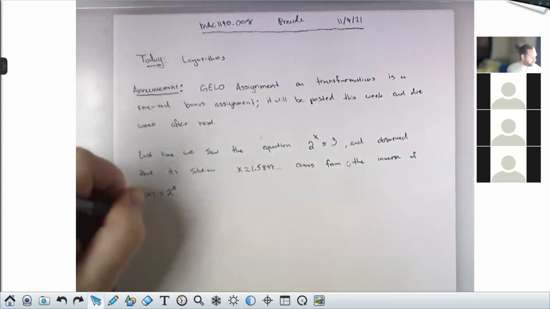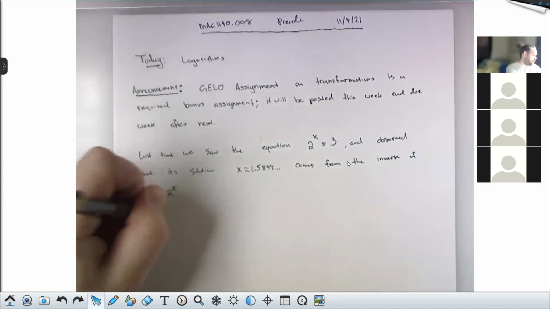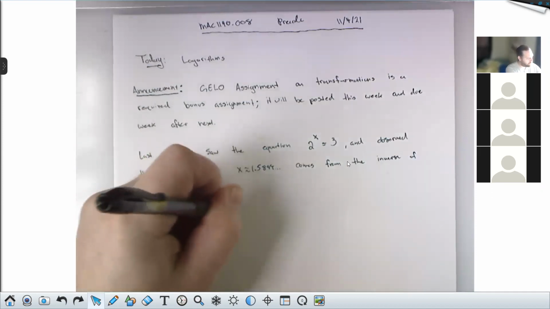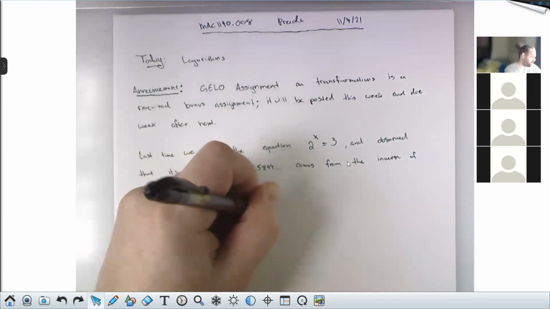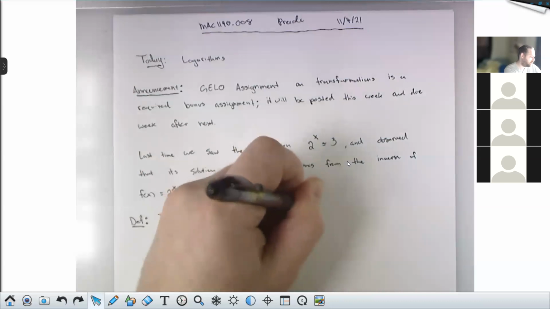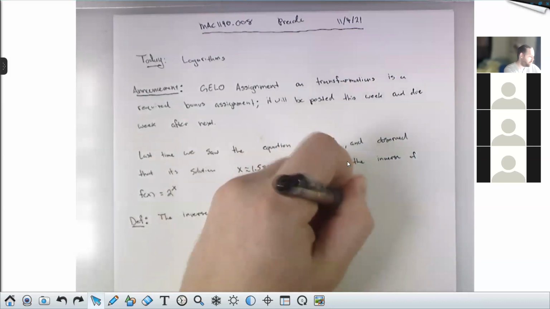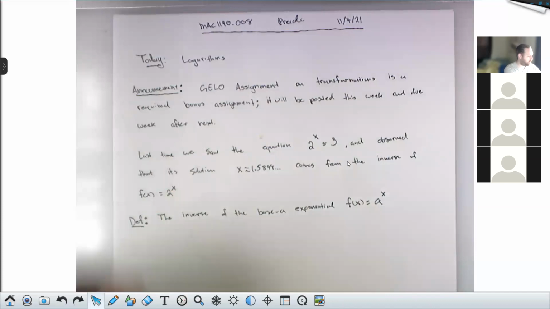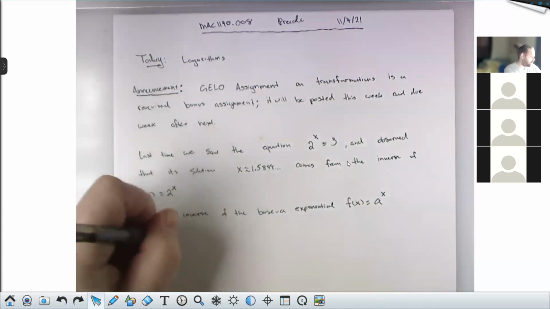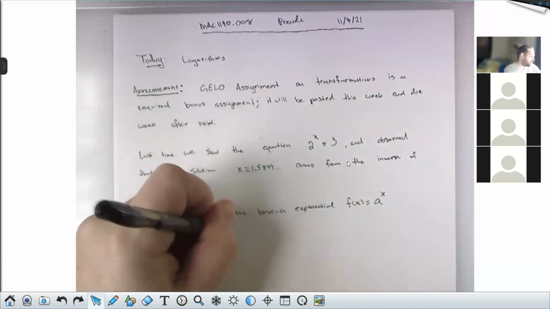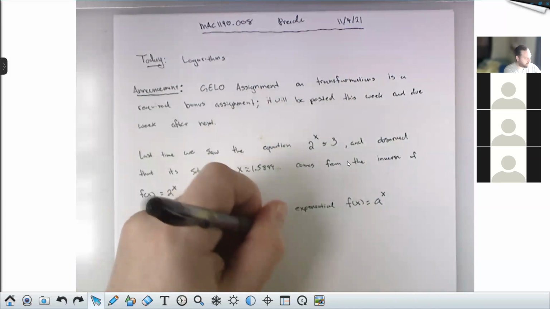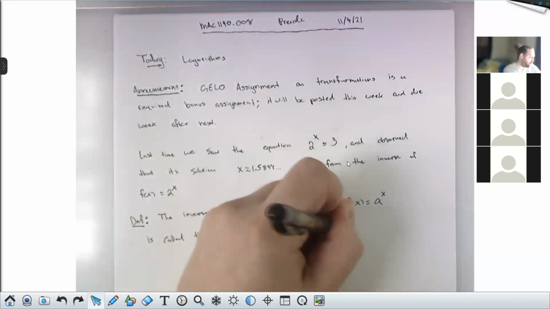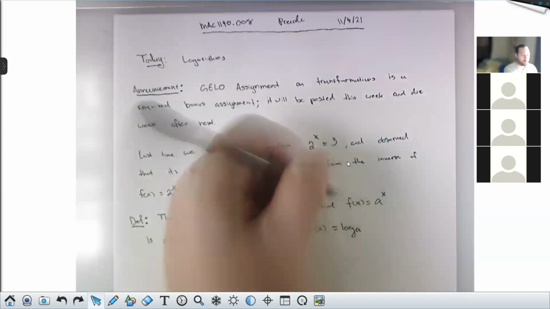So, definition. The inverse of the function of the base a exponential f of x equals a to the x is called the base a logarithm, and the notation is log with a little subscript a.